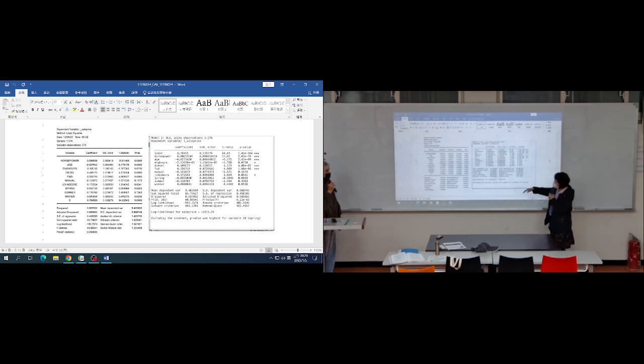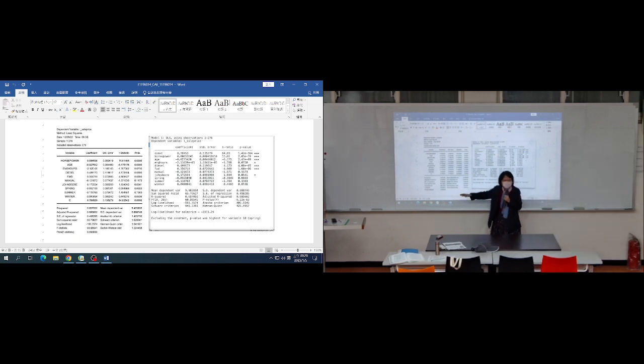If you look at Gretl's results, you just compare those numbers across models. You don't compare this one with that one.